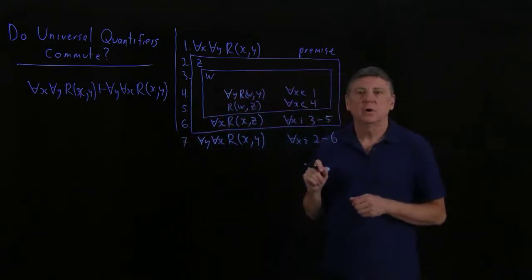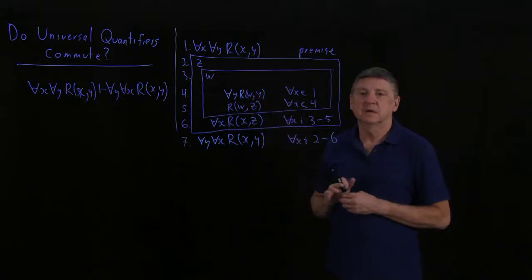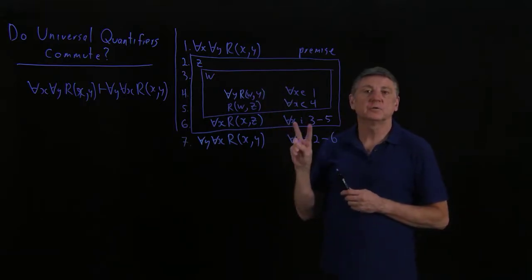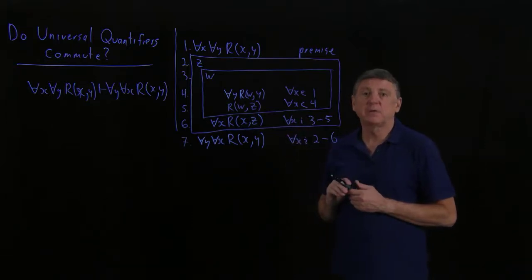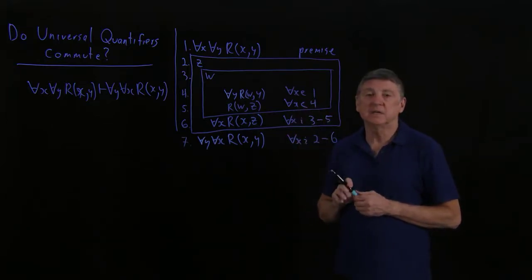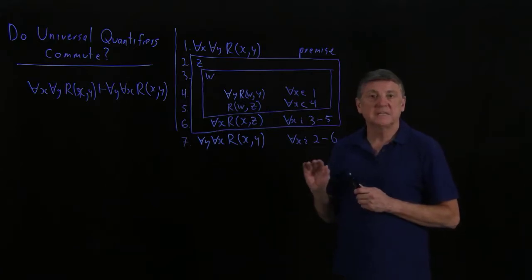And now I've completed my proof that in this particular instance, the universal quantifiers that I have commute. I can probably apply this line of reasoning to any sort of formula, provided I keep these side conditions, this term is free for x in the formula. I have to keep that in mind whenever I'm doing these.